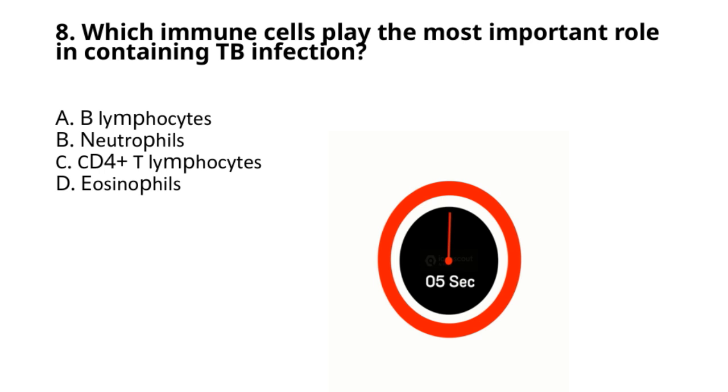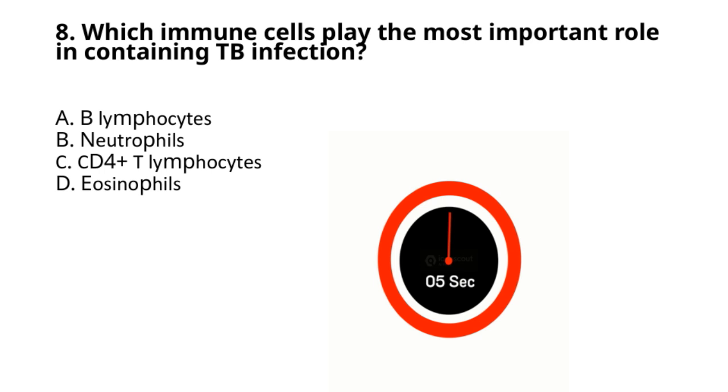Then there are CD4 plus T lymphocytes, often called helper T cells, and these are absolutely vital in controlling TB. They coordinate the immune response, activate macrophages, and help contain the bacteria effectively. Lastly, eosinophils are more involved in fighting parasitic infections and allergic responses, so their role in TB isn't primary.